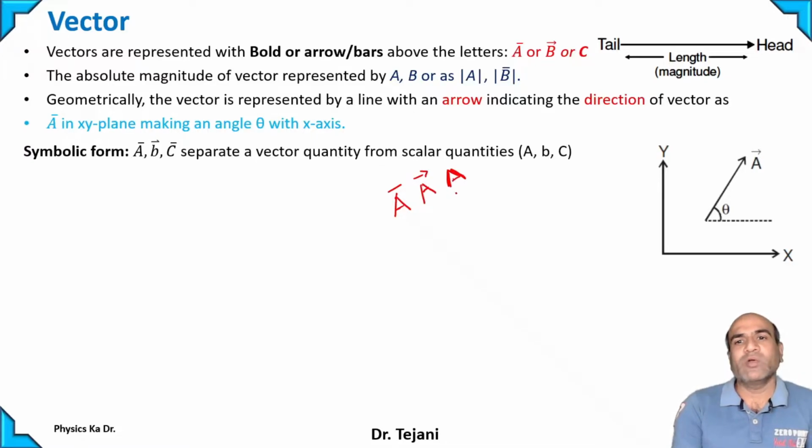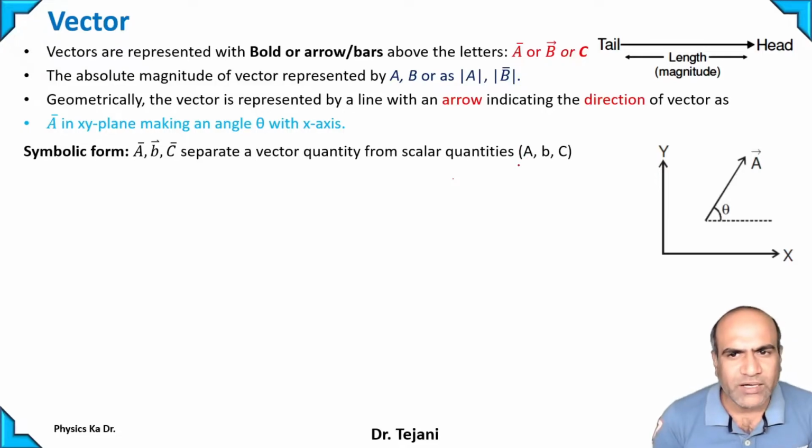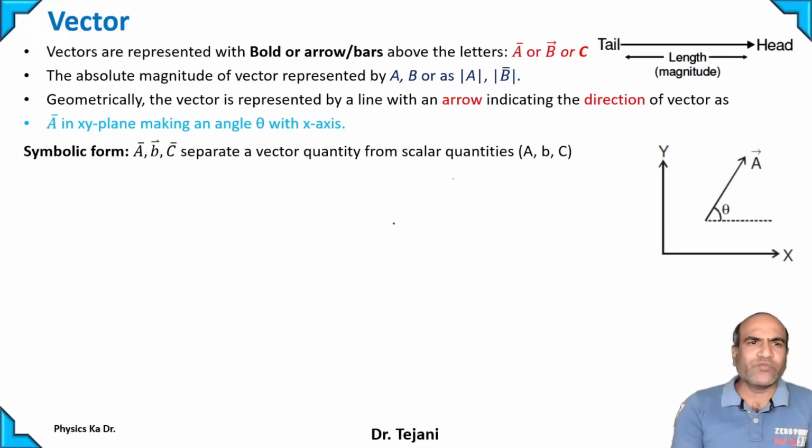That is the symbol of a vector. If it is just A, B, C, it only shows a magnitude, a scalar quantity. This is the difference between a vector and a scalar.